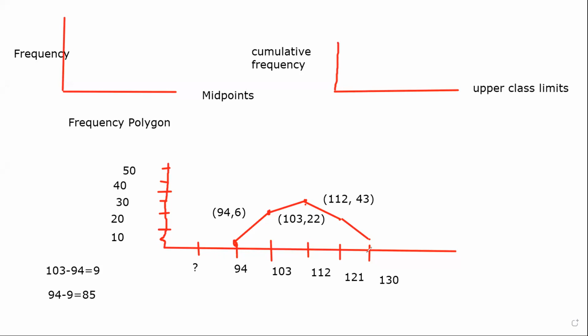So now, close the chat. All right, so we're going to go back 9 units. So 94 minus 9 is 85. So this midpoint is going to be 85 here.